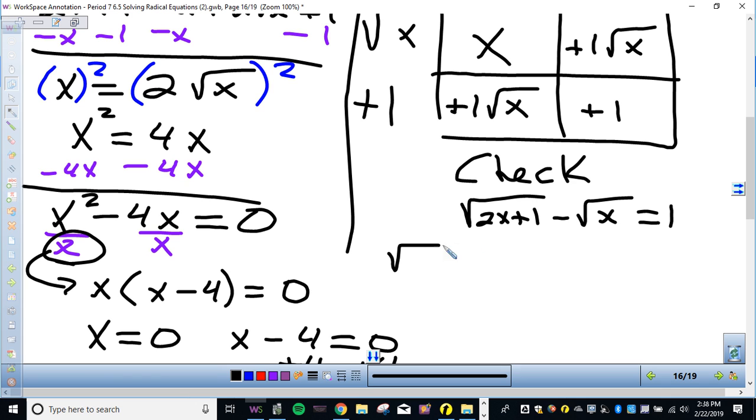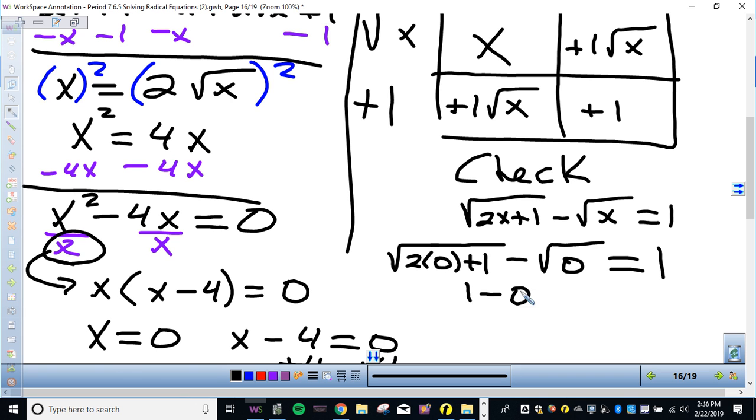So square root of 2 times 0 plus 1 minus square root of 0. Write that down. So 2 times 0 is 0, square root of 1 is 1. So here we have 1 minus 0. And indeed, 1 does equal 1.